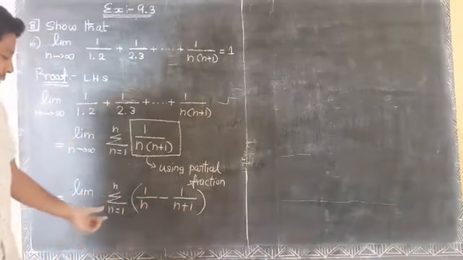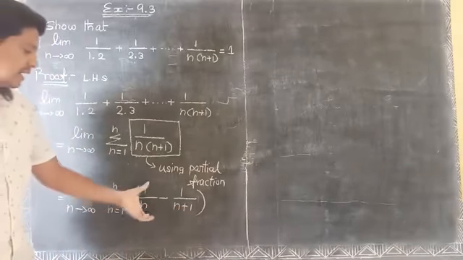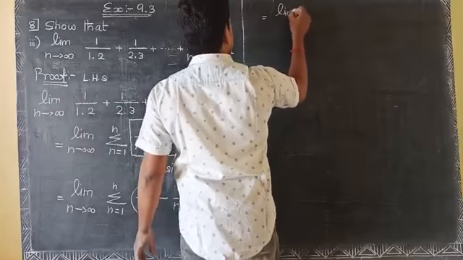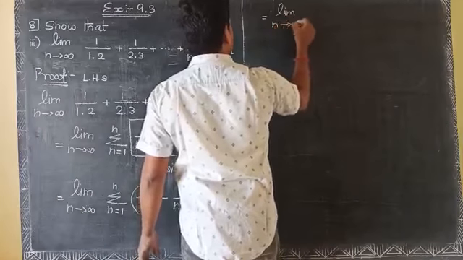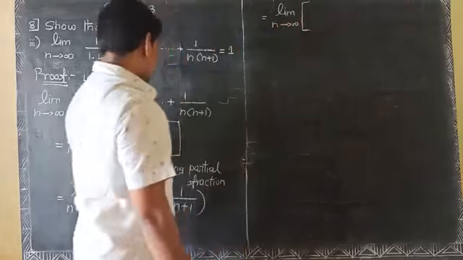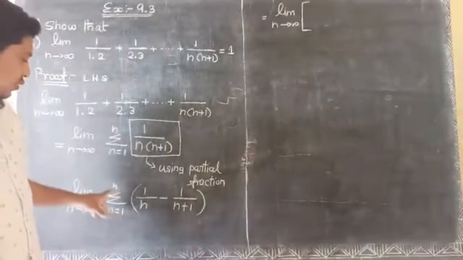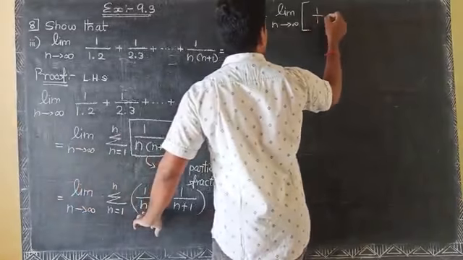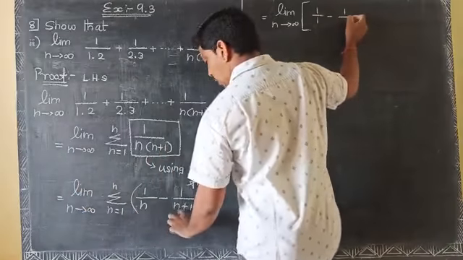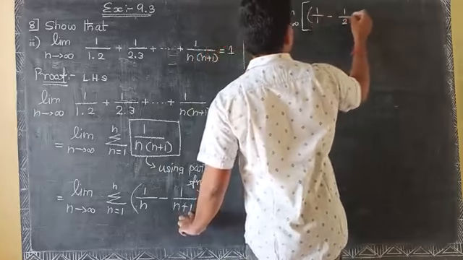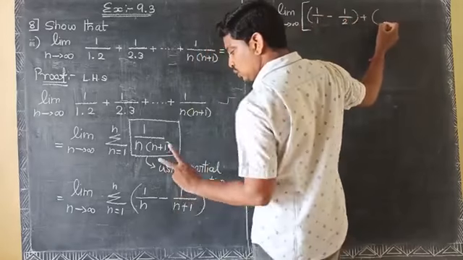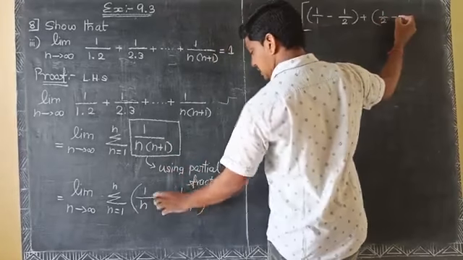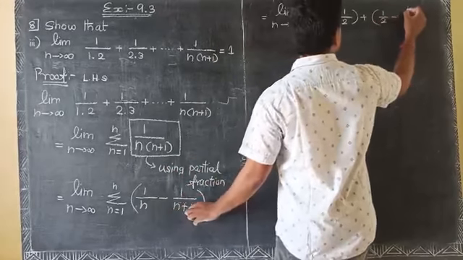Here replace n equal to 1 up to n in the function. That is 1 divided by 1 minus 1 divided by 1 plus 1, which is 2. Substitute n equal to 2: 1 divided by 2 minus 1 divided by 2 plus 1, which is 3.